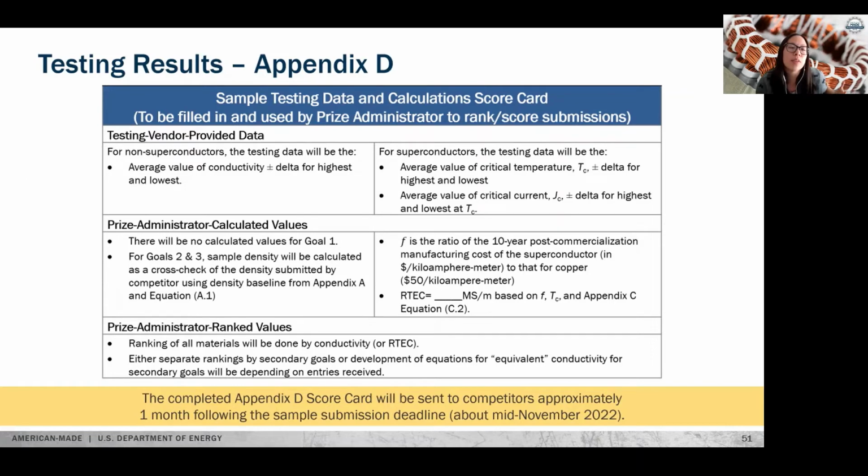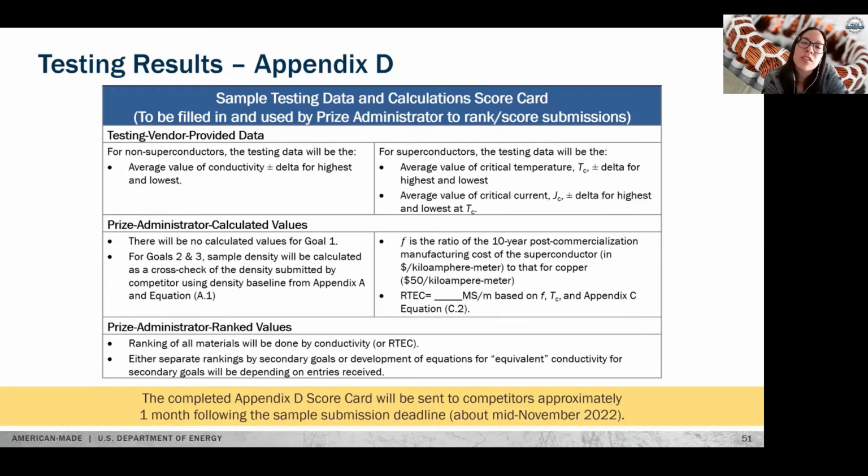Okay, and then what happens once you've submitted your samples to the testing laboratory? The results are going to be evaluated and scored. So if you read through Appendix D of the rules, there is information on the sample testing data and this calculation scorecard. There are 3 different values that I'll go over. First, for the testing vendor, they'll provide data on both. If you have a non-superconductor, that's the column on the left here, and on the right column is information for a superconductor.